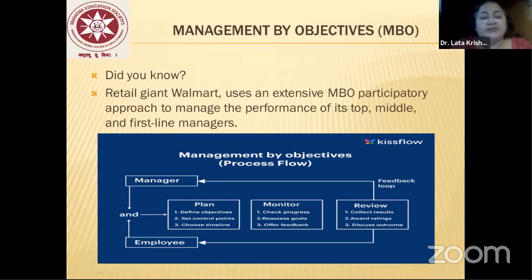It shows managers and employees, and in between, there is this 'and'. So they plan, monitor, and review. There is a feedback loop where there are definite objectives, set control points, choose timelines, check progress, reassess goals, offer feedback, collect results, award ratings, discuss outcomes.